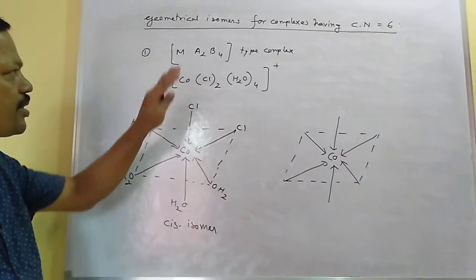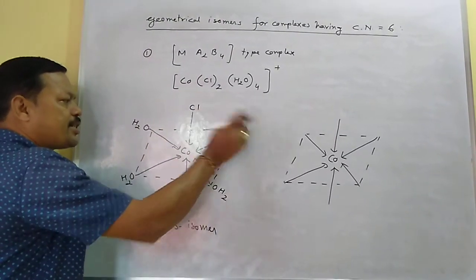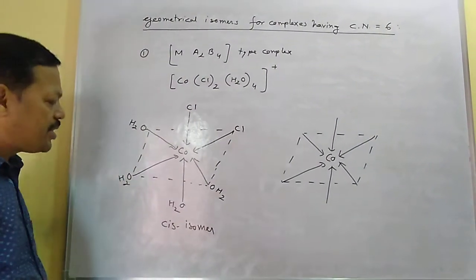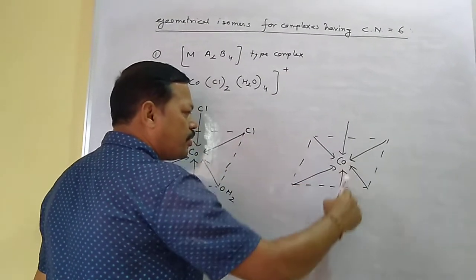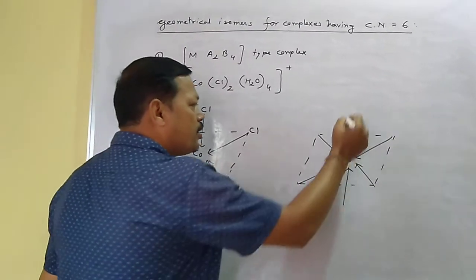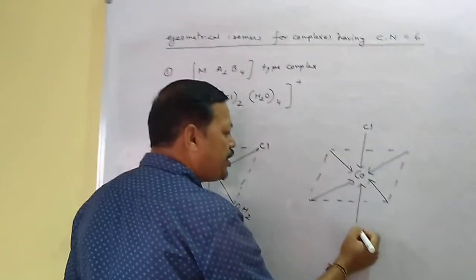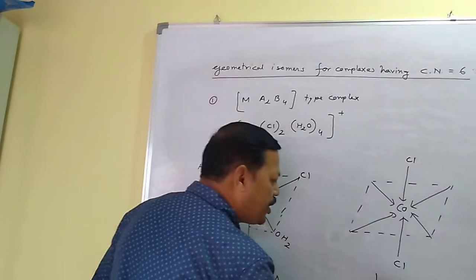Total number of bonds is 6, that's why coordination number is 6. If these two positions contain similar ligand, the isomer is called cis isomer. And these two bonds, one upward, one downward, are completely opposite from one another. So if this position contains one chlorine and this position contains one chlorine, then that isomer is said to be trans isomer.